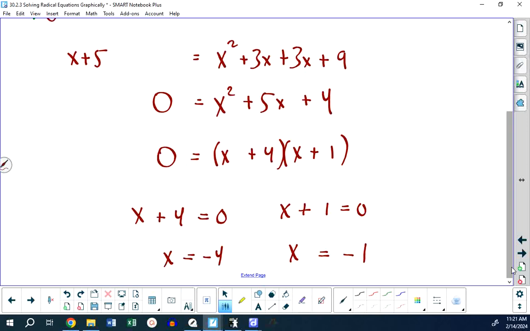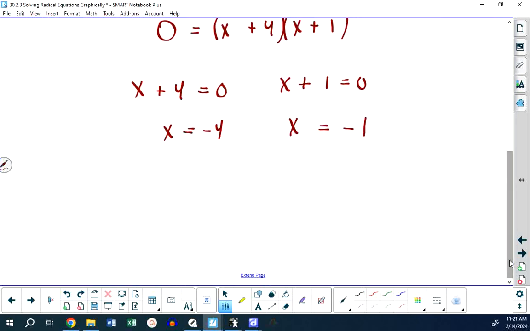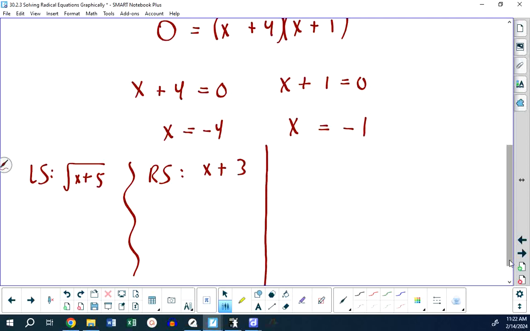We need to take the original equation, which is the square root of x plus 5, is supposedly equal to x plus 3. And we need to do this twice. We need to do it with negative 4 and we need to do it with negative 1. And you need to show your work here.